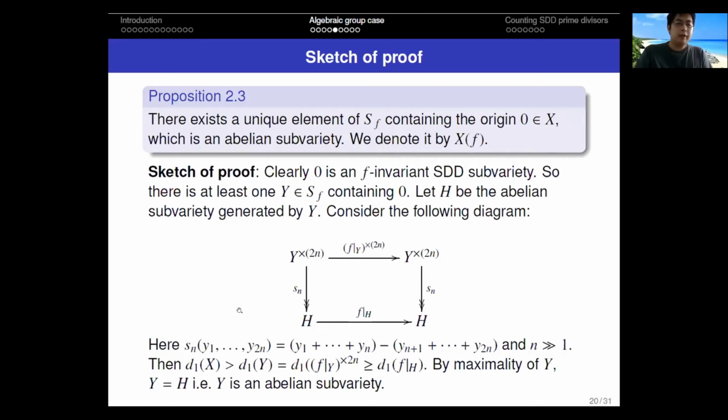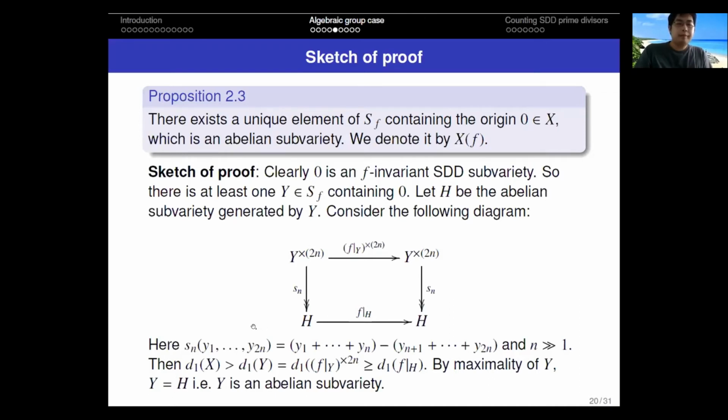And then for sufficiently large n, this morphism is surjective. And now Y is F invariant, and H is also F invariant. We can see this because H is generated by Y and Y is F invariant. So this diagram is commutative.